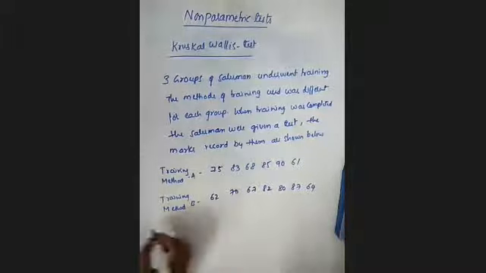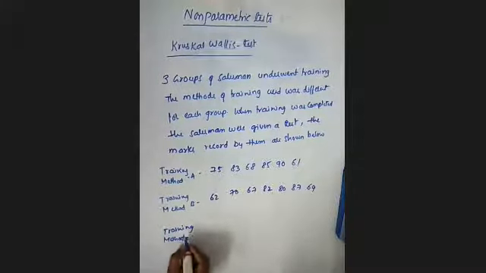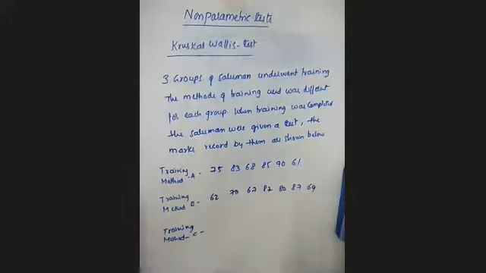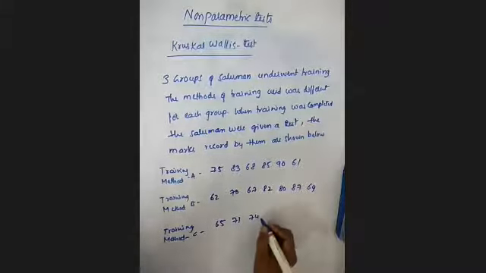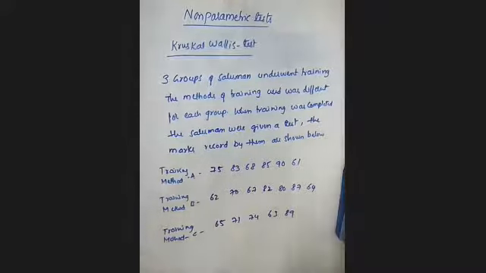Next is training method C: 65, 71, 74, 63, and 89. These are the marks recorded for these three different training methods.